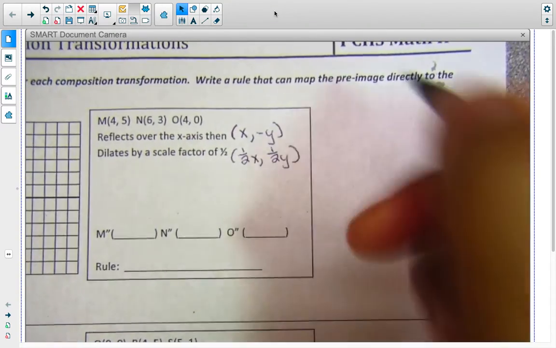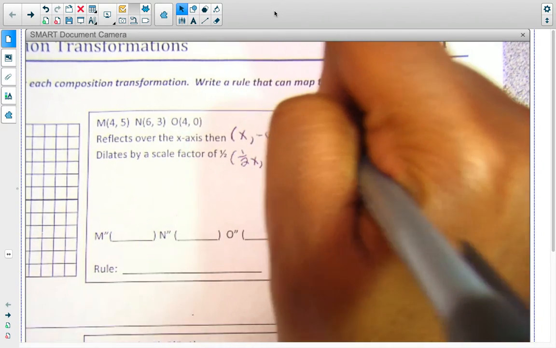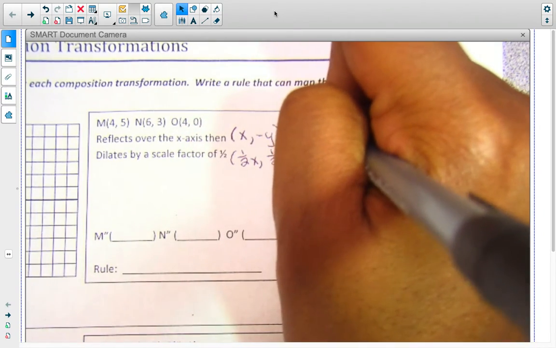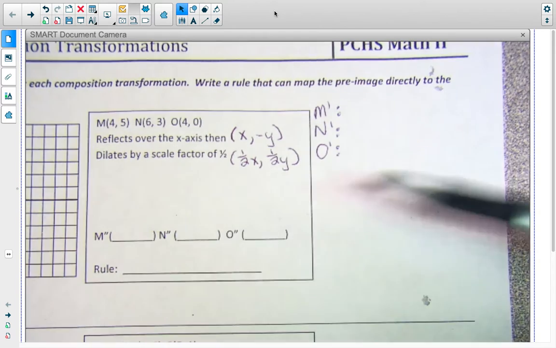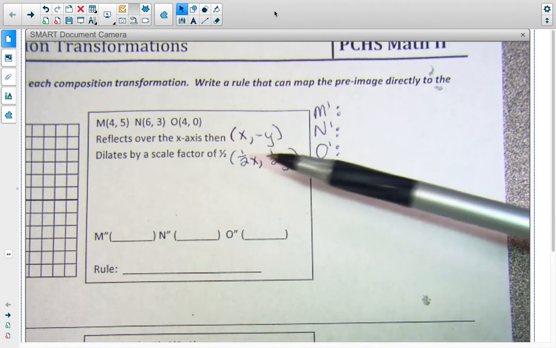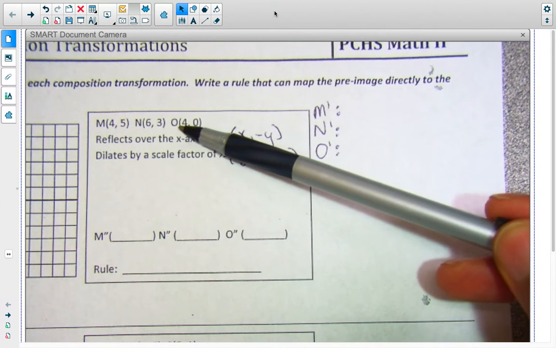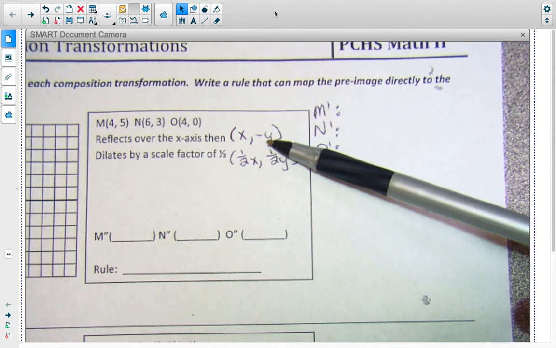Okay, so we're going to find M', N', and O'. M is (4, 5), N is (6, 3), and O is (4, 0). So if I want to do (x, negative y), that means our x coordinate is going to stay the same, and we're going to take the opposite sign of my y coordinate.